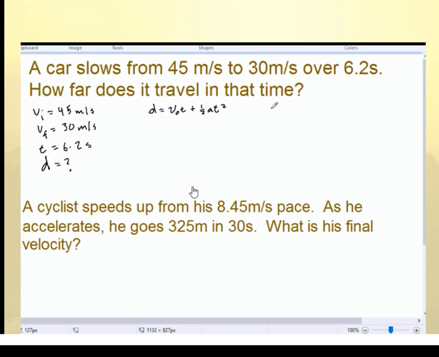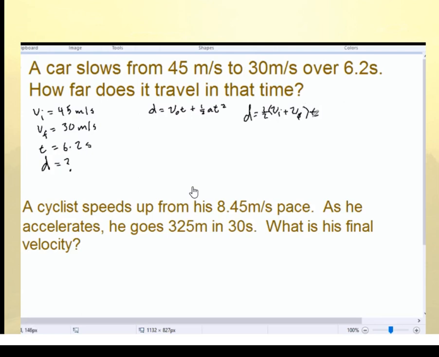Well, if we take vi plus vf and we take half of that, that would be our average, and then we multiply it by our time. If we have average speed times time, that's going to give us our distance.